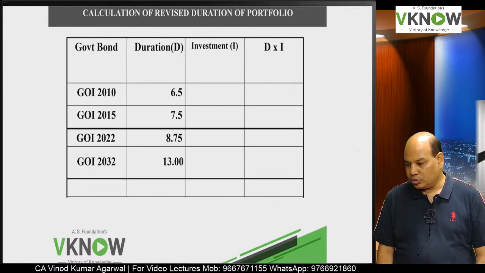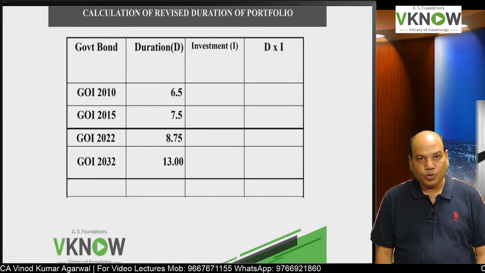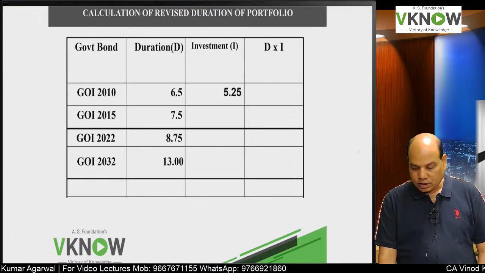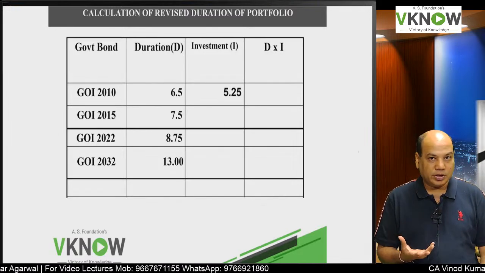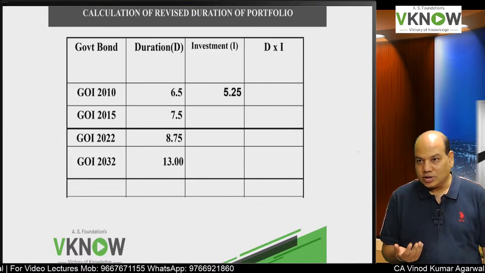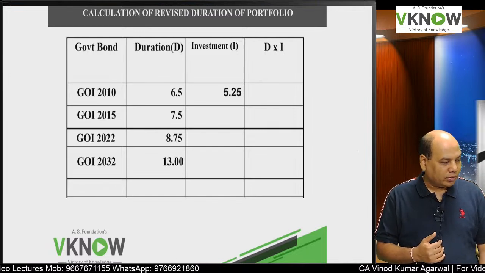Duration will take the same duration because we are taking the decision before the change in the YTM. That is how the fund manager has to anticipate. You also, when you invest in share market, you anticipate what will happen to the price. Accordingly, you buy or sell first, right?